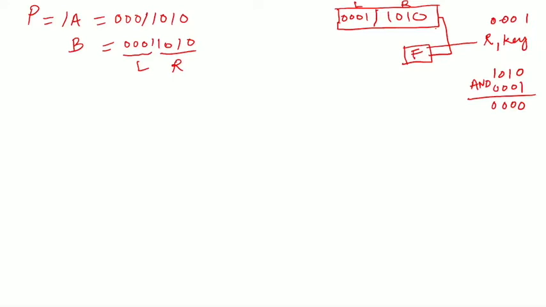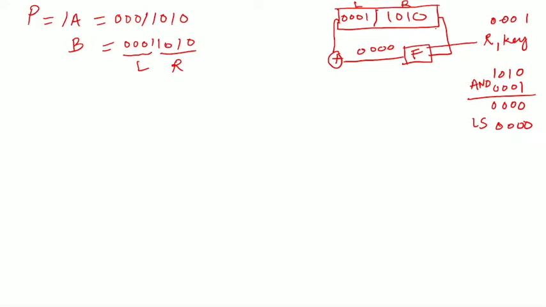After that, we do the permutation, which is just a circular left shift, but because all of these are zeros, even if you do a circular left shift by 1 bit, they're still going to be all zeros. What this means is that the output of this round function is all zeros. Now we XOR this output with the left half.